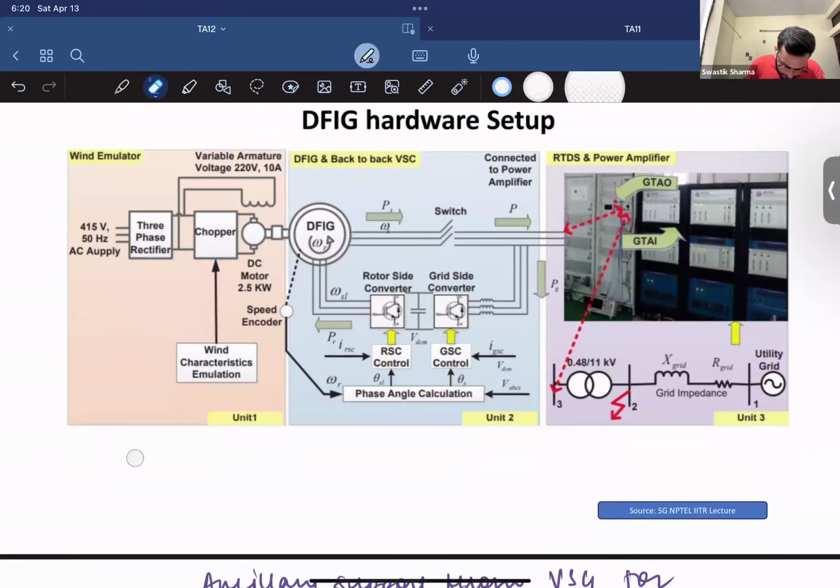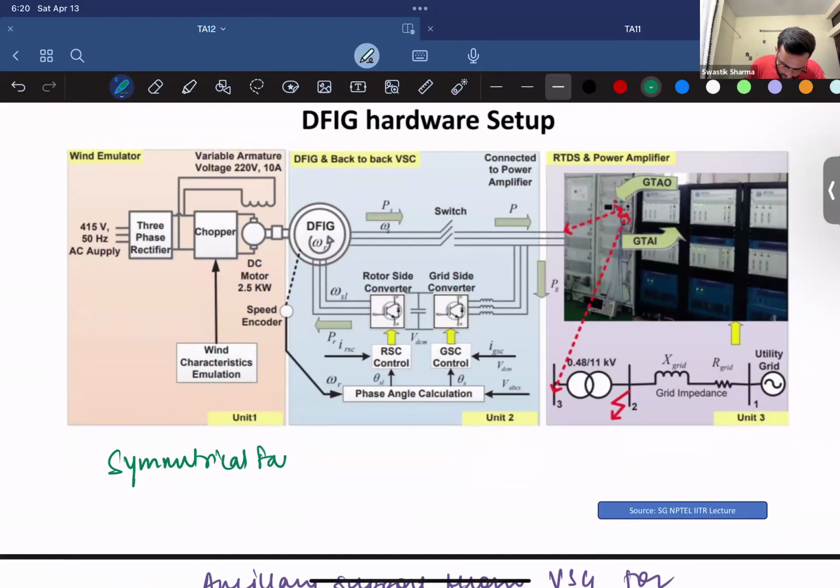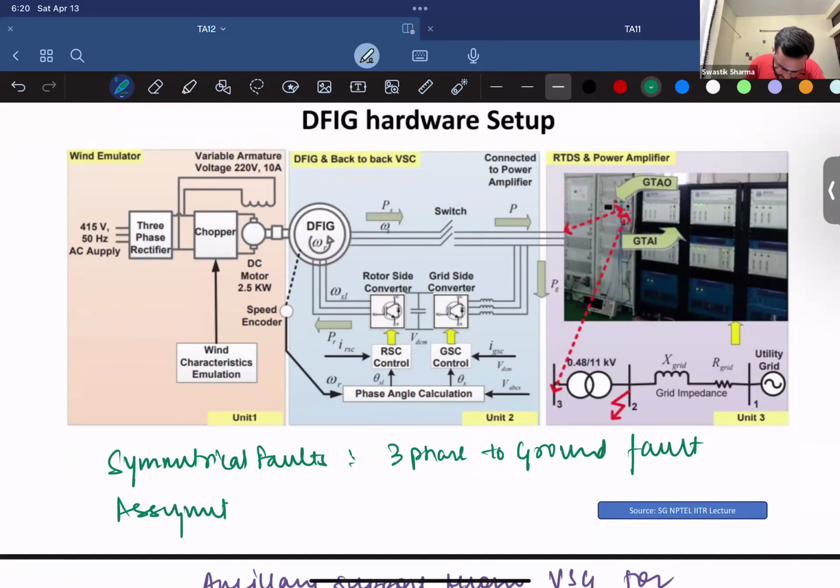As the name suggests, these are the faults that happen alike in all three phases, so your three-phase to line or three-phase to ground fault. And your asymmetrical fault is one which happens independent of your phases, like one phase to ground fault or between two phases, etc.